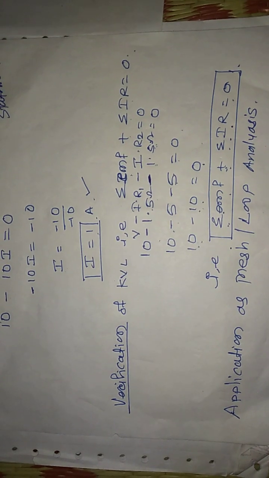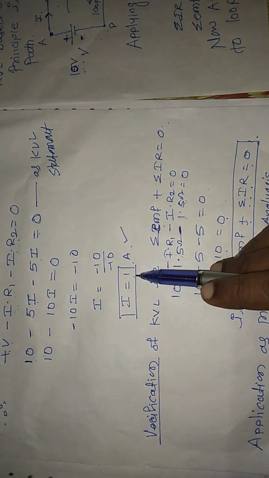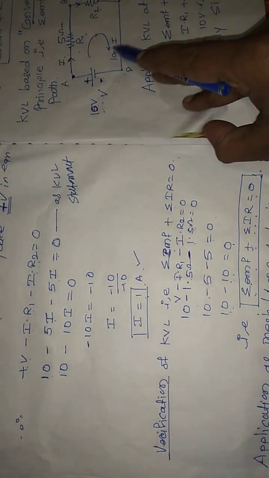In this way we can verify the Kirchhoff voltage law. But sometimes the question may arise, does the current I really go through as 1 ampere? So we can solve once again.